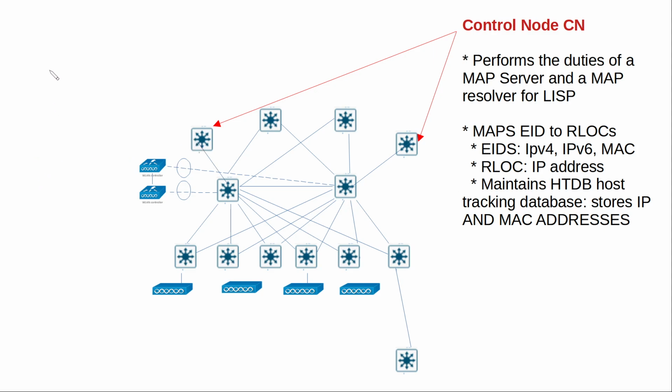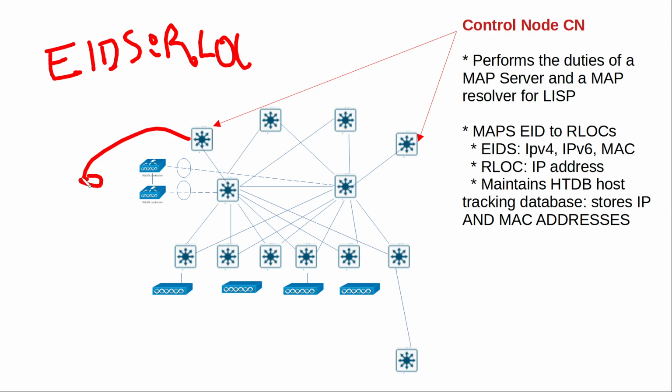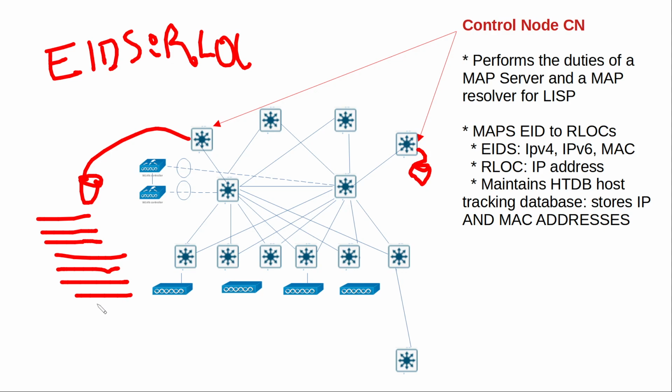So we're going to map endpoint IDs to router locators. So these databases will include a lot of mappings, the mappings of all the devices that I'm going to connect to my network, and all the prefixes coming from the data center, for instance.